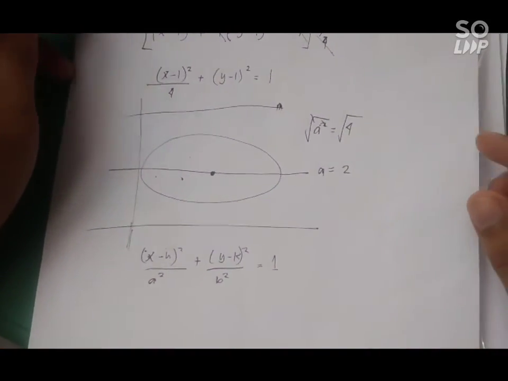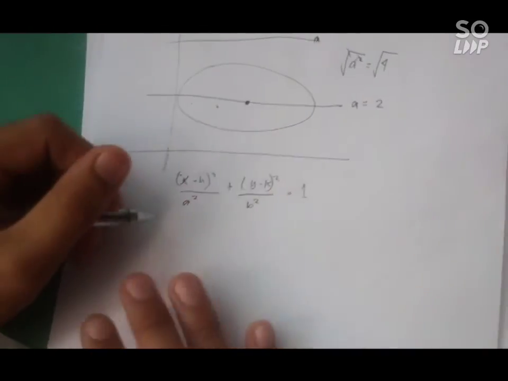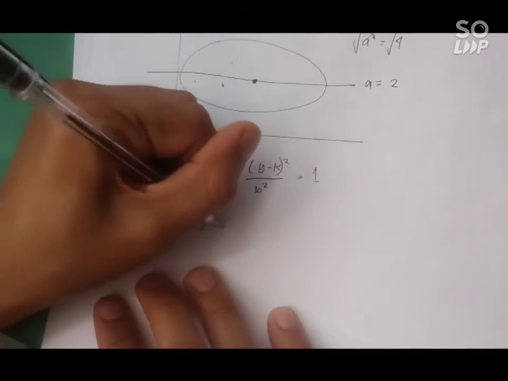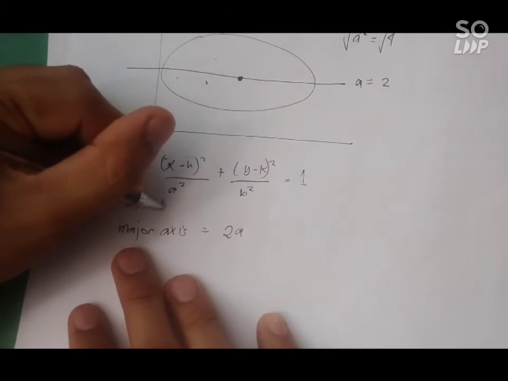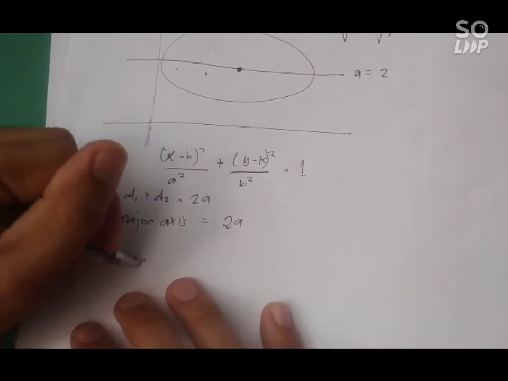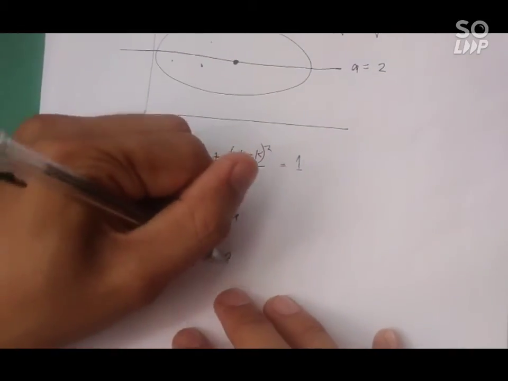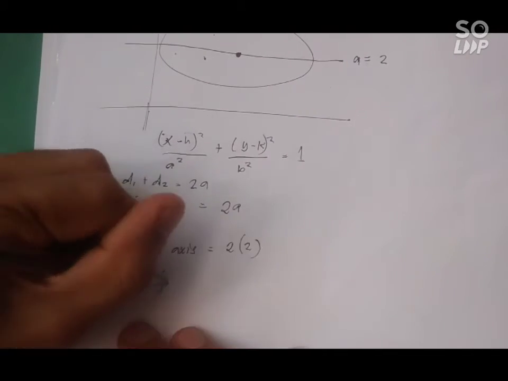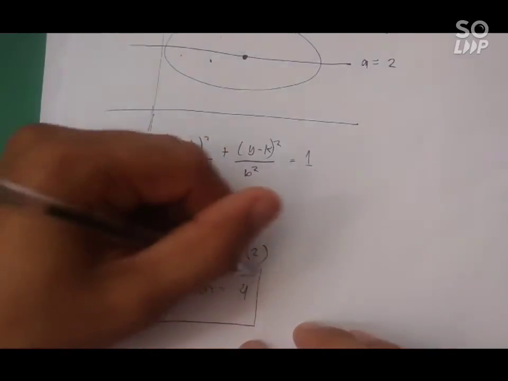According to our notes, the formula of the major axis equals d1 plus d2, which equals 2a, right? So the major axis equals 2a. Our a is 2, so the major axis is 4. So that is our major axis.